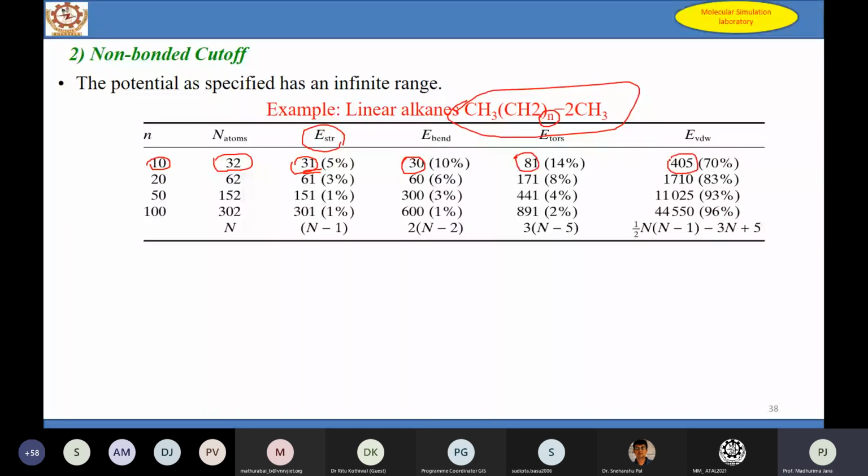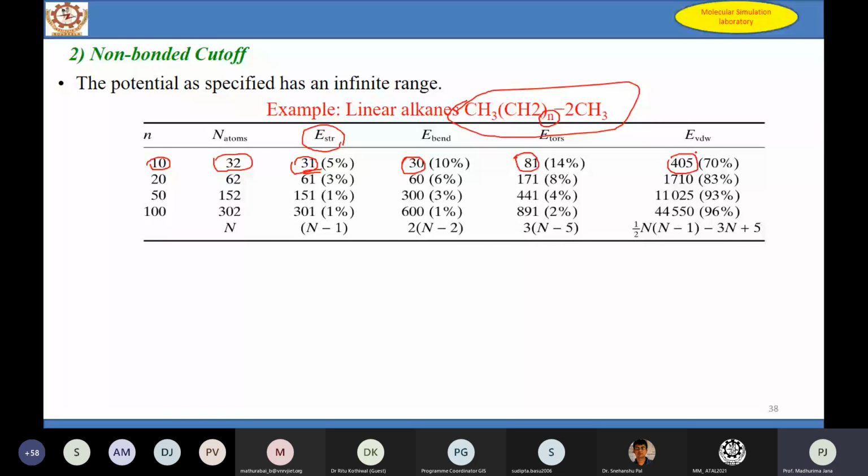Van der Waals terms are intermolecular interactions. Whatever the number of atoms, all pairs such as 1-1, 1-2, 1-3, 2-1, 2-2, 2-3 will have such interactions, so the number of van der Waals interactions is larger.